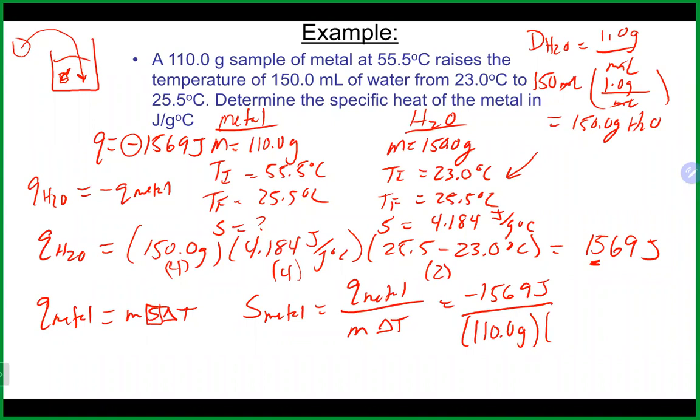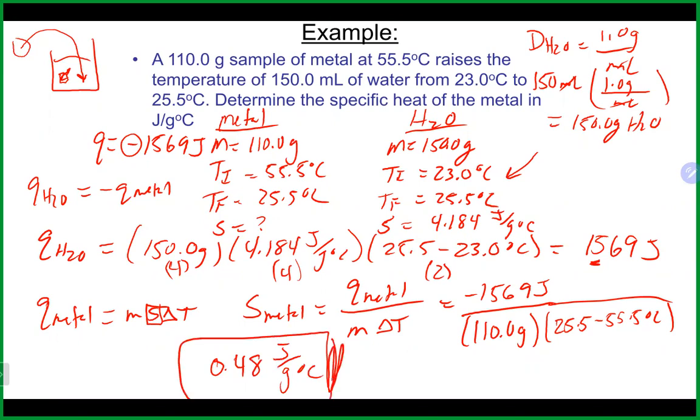So the metal ended up at 25.5 minus 55.5 degrees Celsius. That's going to give us the negative that we need to make it positive. So we end up here with 0.48 joules per gram per degree Celsius, as none of the units cancel.